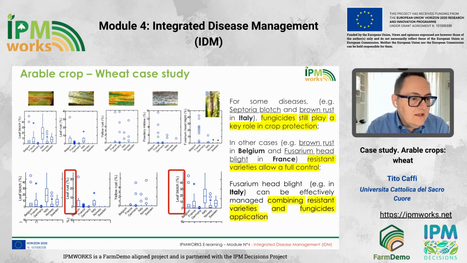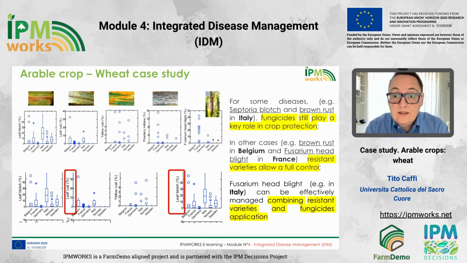You can see that the number of fungicide applications is very different in the different states considered across Europe. We also have some specific limitations due to the role of the plant protection offices, which are ruling how many treatments we can apply.